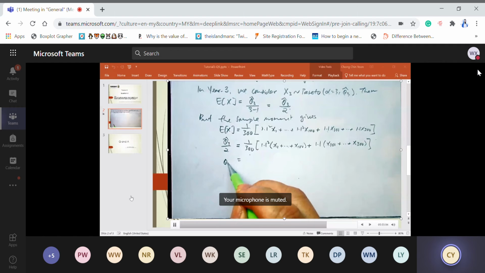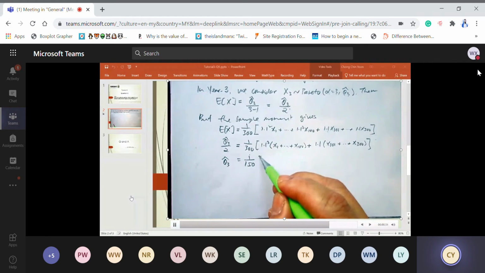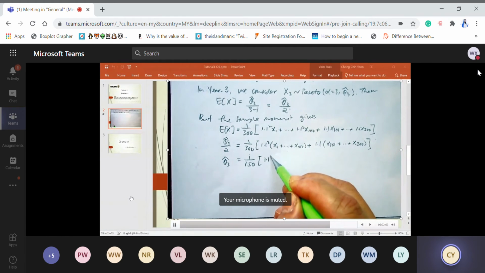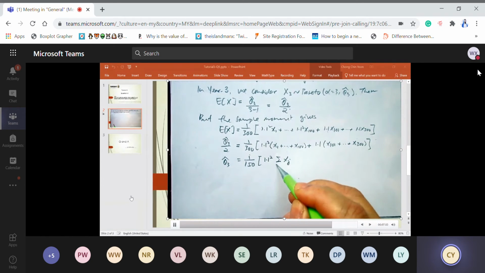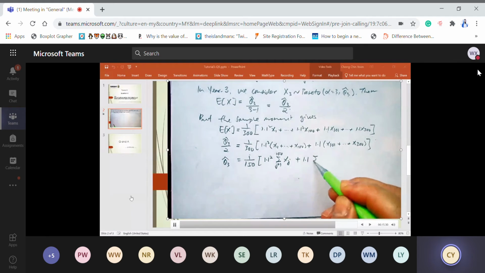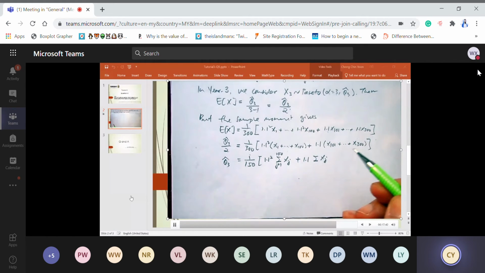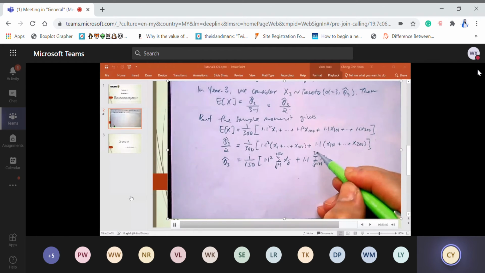Therefore, theta 3 equals 1 divided by 150 times 1.1 squared summation of Xj, where j is taken from 1 to 100, plus 1.1 multiplied by the summation of Xj, where j takes from 101 to 300.